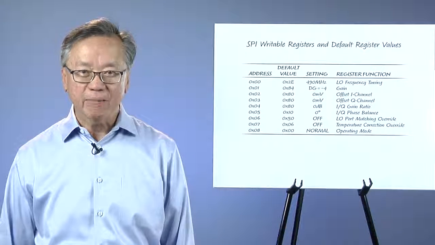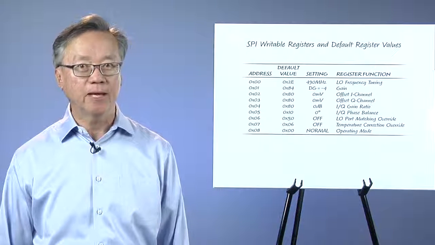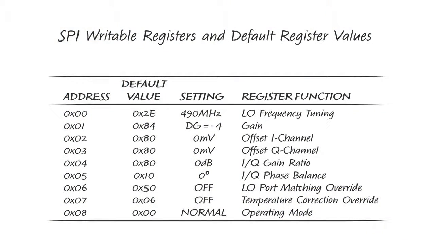For the more demanding applications, the device has a set of registers that are accessed by an SPI serial bus. Through the SPI bus, you can select specific registers that tune the LO frequency, change the gain, tune the I and Q channel DC offsets that optimize carrier suppression, tune the I and Q gain and phase balance that optimize sideband suppression, and finally, provide temperature correction and operating mode functions.